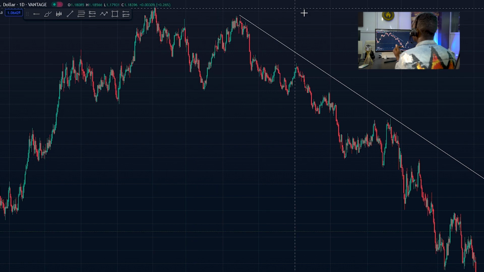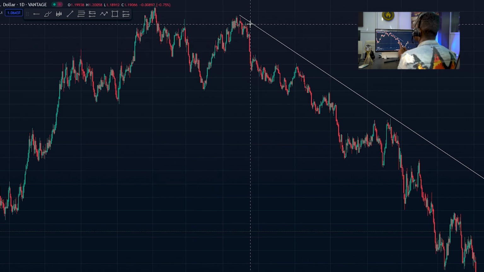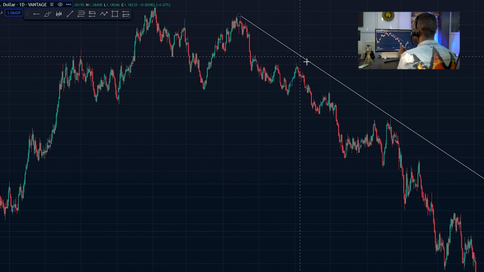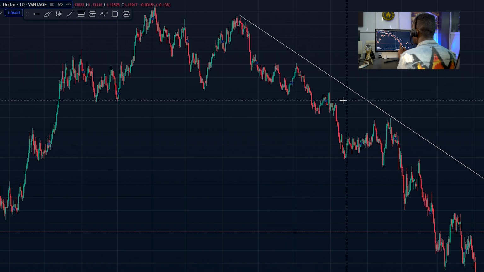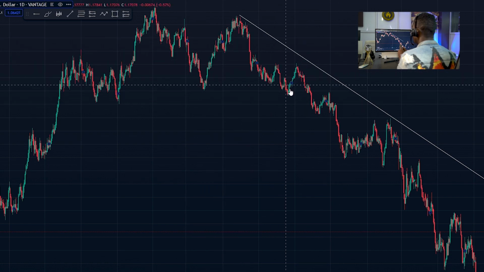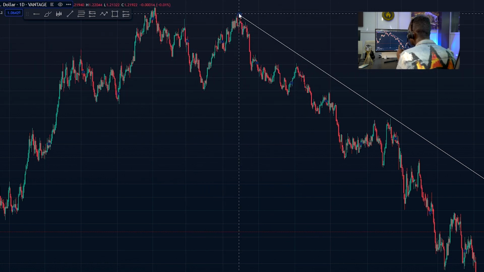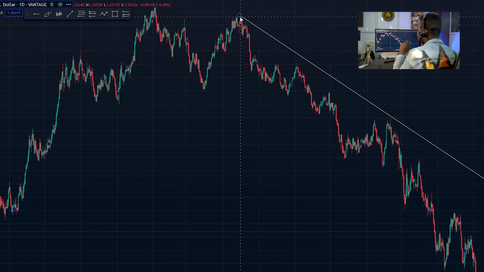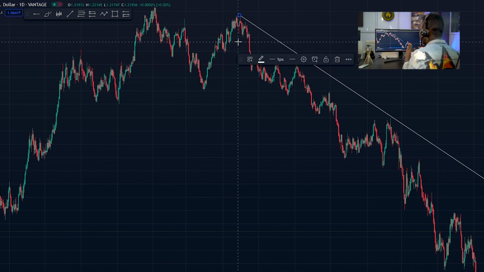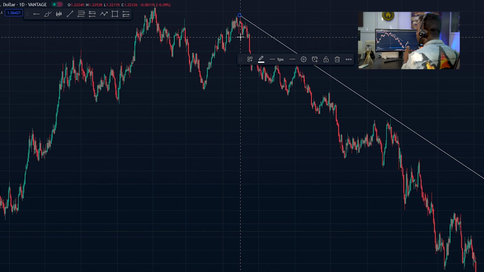Now, a downtrend market is characterized by lower highs and lower lows. The upper part of the candlestick is referred to as the highs. The lower part of the candlestick is referred to as the lows.